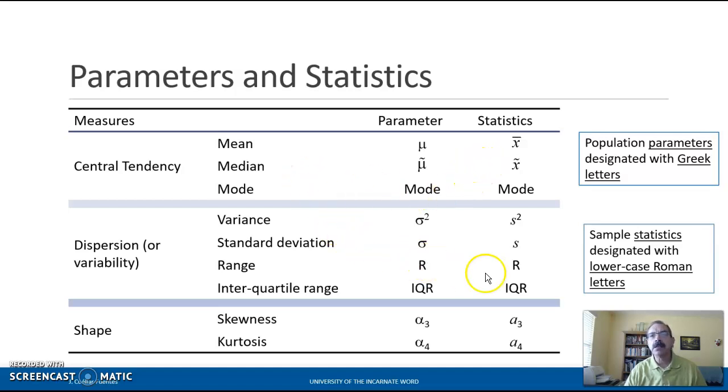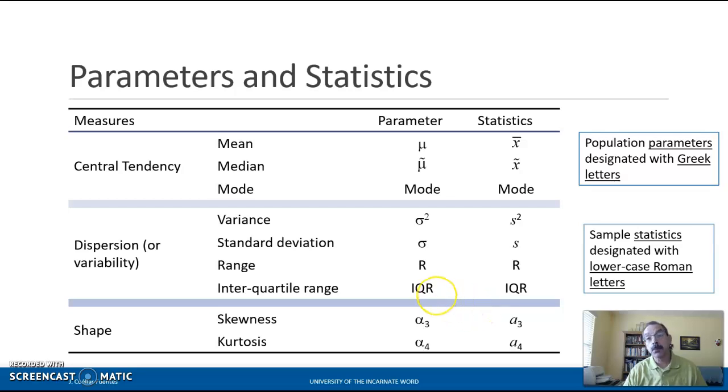Again, range is not used very commonly, so I put R, the same for the interquartile range. I use the common symbol, which is IQR, and it's rare that someone makes a distinction between the population and the sample. All right, and now in terms of shape, we have skewness. Usually we use the letter alpha 3.